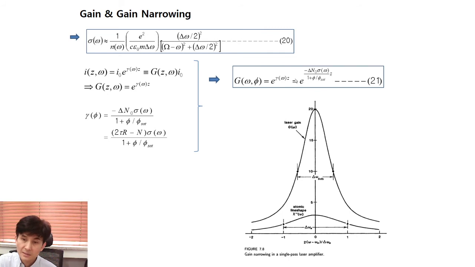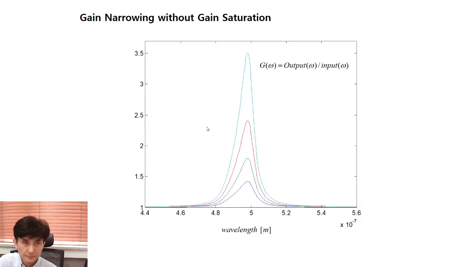As this is an exponential function of sigma, the gain curve is much sharper than the spectral width of sigma or alpha. That's what is called gain narrowing. So this just shows the gain narrowing without gain saturation.